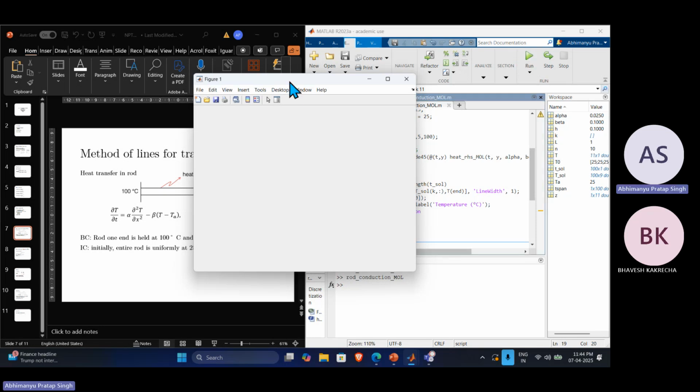Yeah, I need these codes on my lab system. That system is faster. It takes time on my laptop to solve this. Okay, sir. No problem.